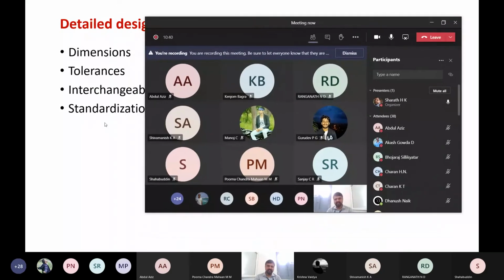And standardization. Which are the familiar standard components used in most engineering products? You have the standard parts: bolts, nuts, washers, most of the fasteners. They are the standard components. You have already completed the modeling lab, the CAD lab.